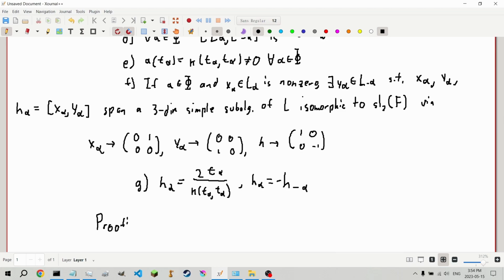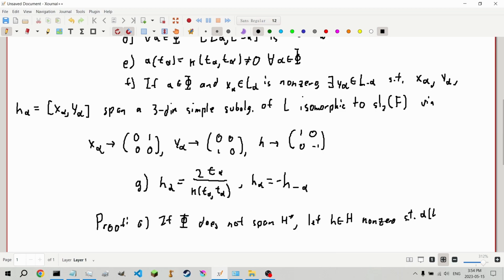A is just that our set of roots spans the dual space. So, A. If the roots do not span H star, then we can let h be in H, non-zero, such that alpha of h is equal to 0 for all alpha in our root space.